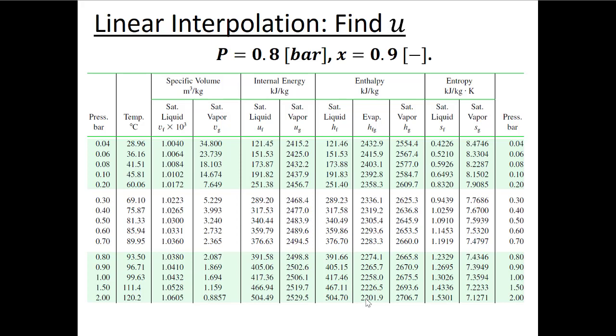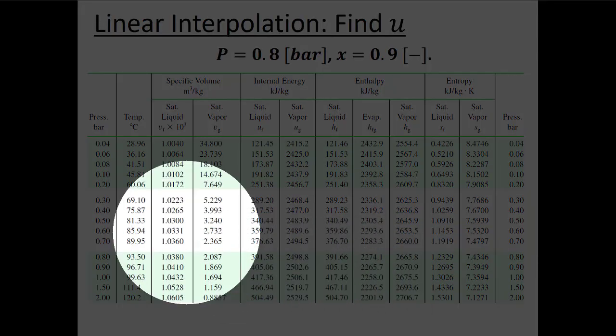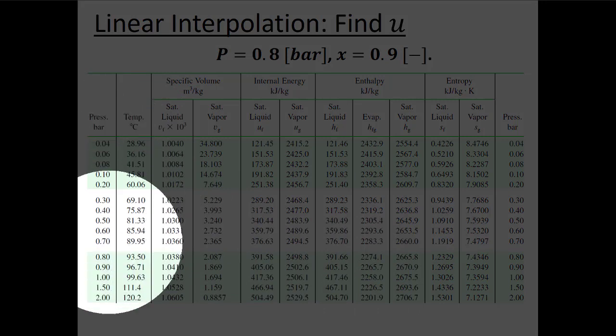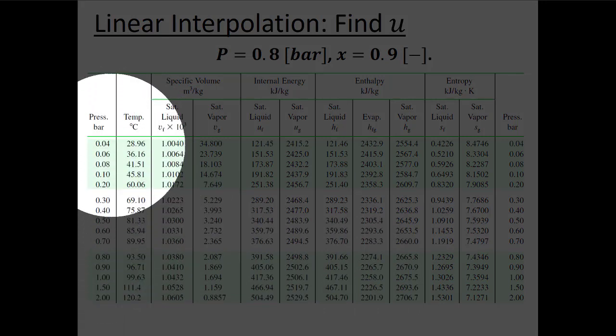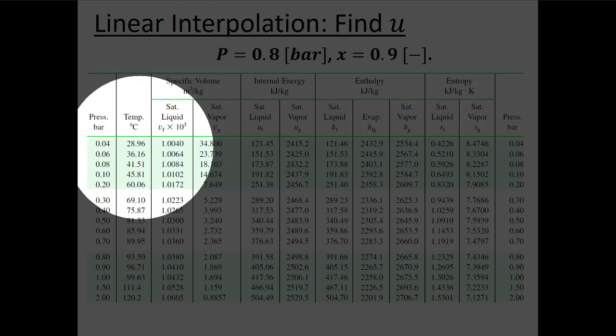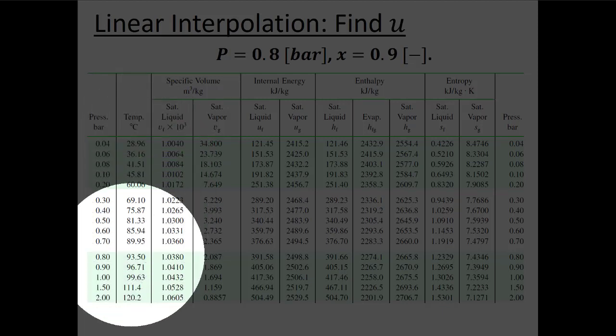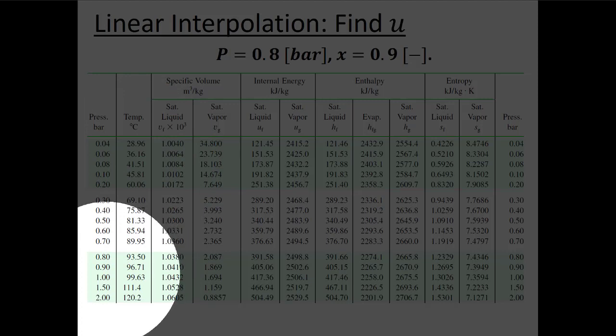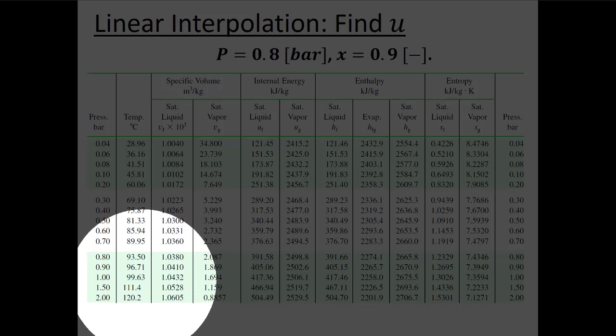I believe this is table A-3 because it has pressure all the way over on the left, and the pressures are round numbers. If my pressure is 0.04 bar, then water would boil at almost 29 degrees. Whereas if my pressure is 1 bar, which is just about an atmosphere, then my water boils pretty close to 100 degrees.